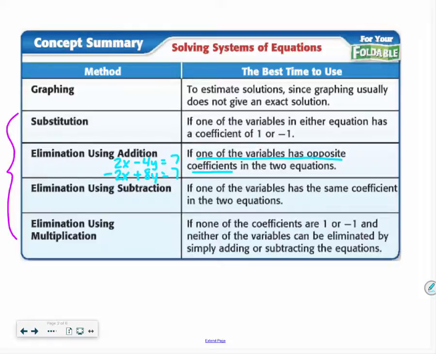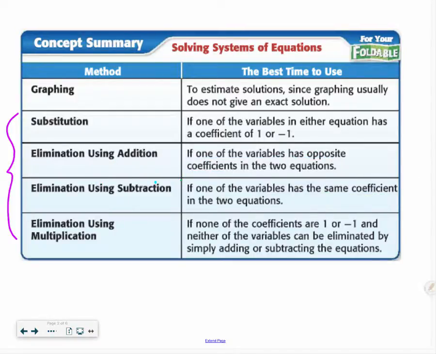This is where I would add, okay? I would subtract, however, if these were both negative 2x's. So if I had a negative 2x and a negative 2x, that is when I choose to subtract the entire bottom equation, okay?